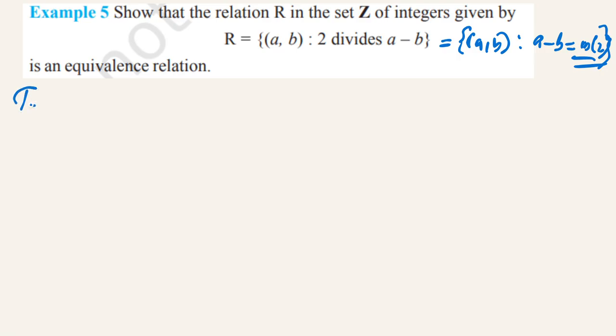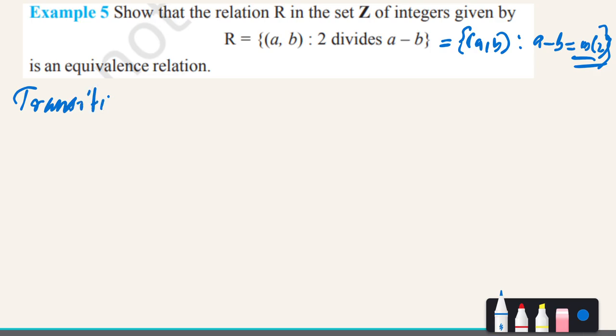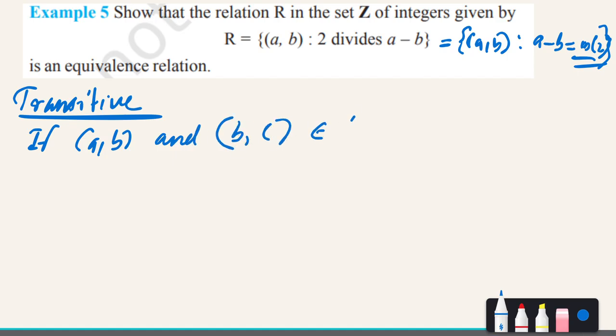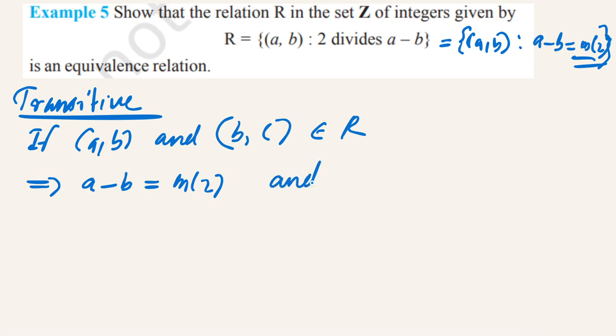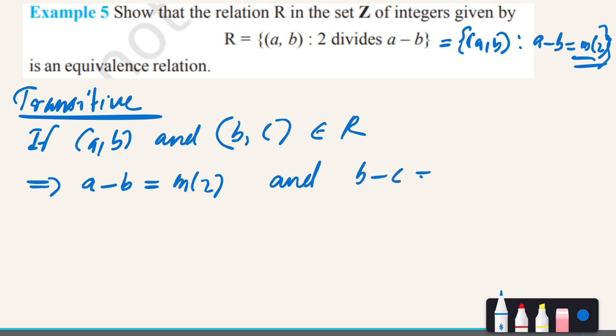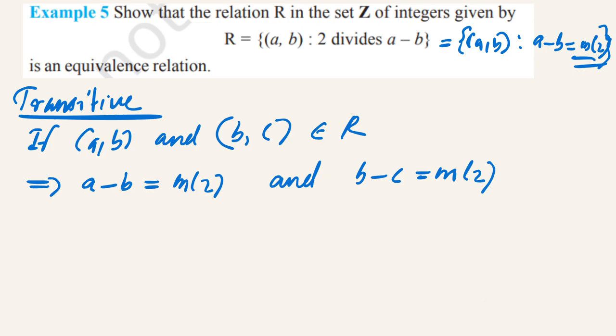Next is transitive. We have to check the transitive condition. So for checking transitive, we have to consider if A comma B and B comma C belong to R. So if A comma B belongs to R, then we can say that A minus B is a multiple of 2, or 2 divides A minus B, right? And BC belongs to R, that means B minus C is also a multiple of 2, or 2 divides B minus C. Then if we add two numbers which are multiples of 2, the result is also a multiple of 2.